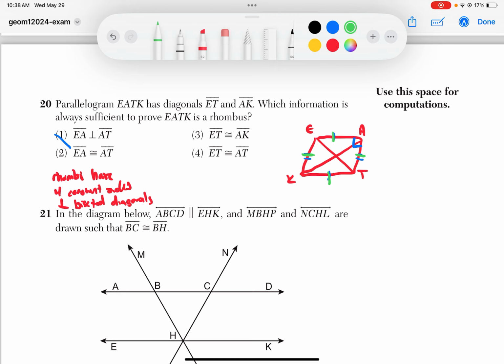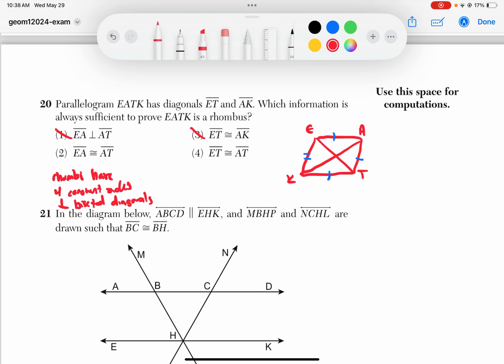Let's just check out the other ones. ET is congruent to AK. Once again, that happens in rectangles, doesn't have to be a rhombus. This is where just knowing the fun facts about quadrilaterals is going to help you a great deal here.